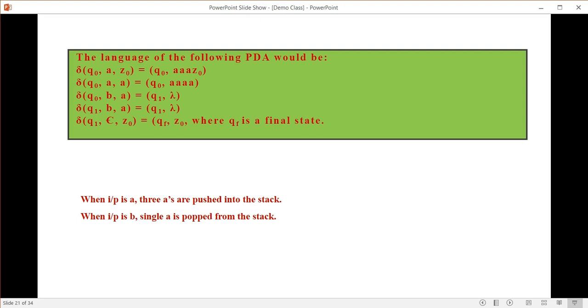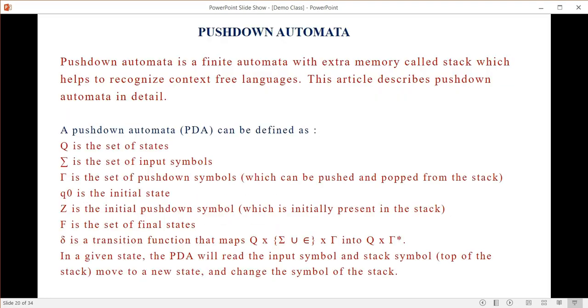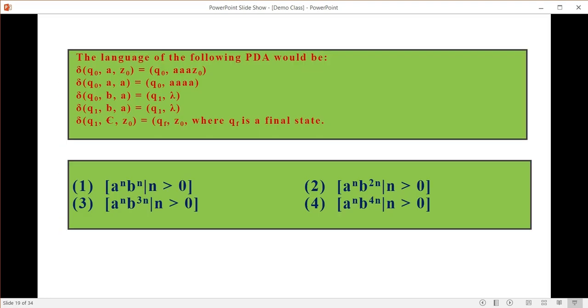So the concept here is, for example, n equal to 1, then it will work only one time. A single A is the input, then B is 3 into 1, that is 3 B's. So when the input A comes, 3 A's are inserted into the stack. When the input B comes, 1 A is popped from the stack.